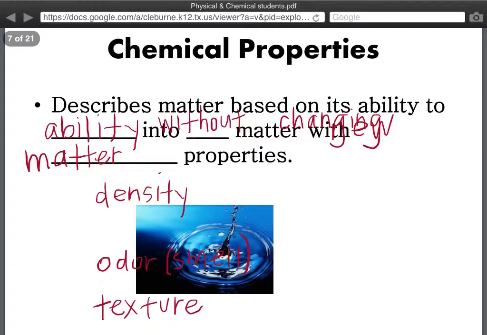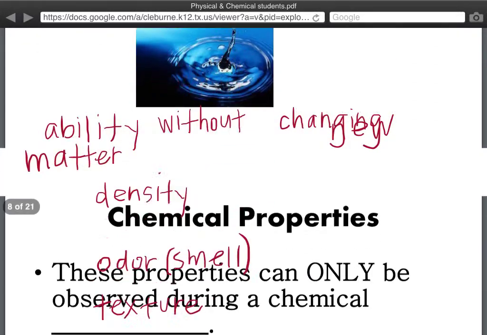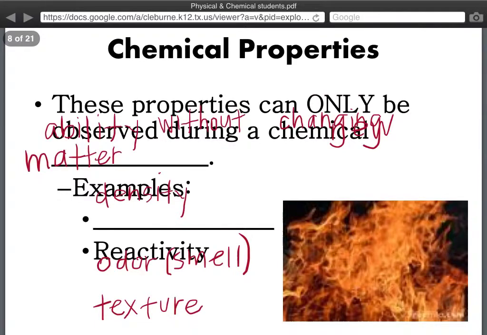Again, a property is the ability to change into new matter with different properties, meaning it's not going to be the same as it was before the reaction happened. These properties can only be observed during a chemical reaction.